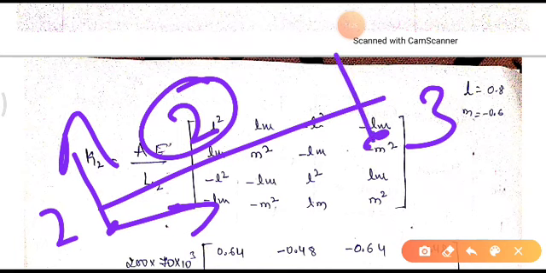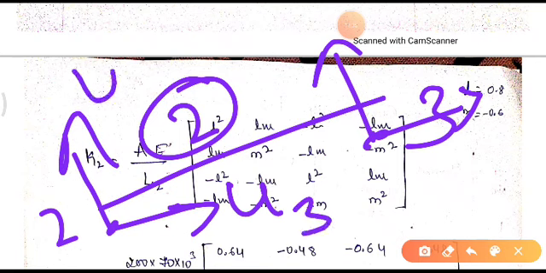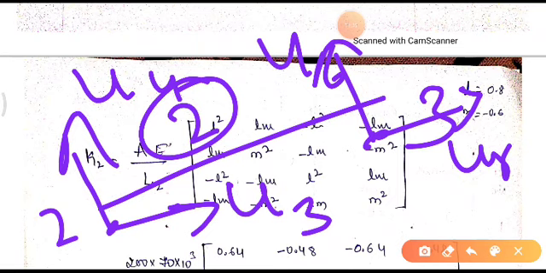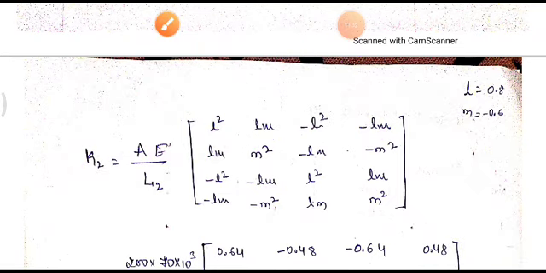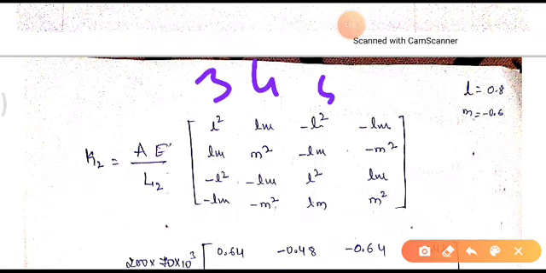This node has displacements along the x and y direction. This is nothing but our u3 and u4. Here it is u5 and u6. Similarly, we need to write here 3 4 5 6, 3 4 5 6.